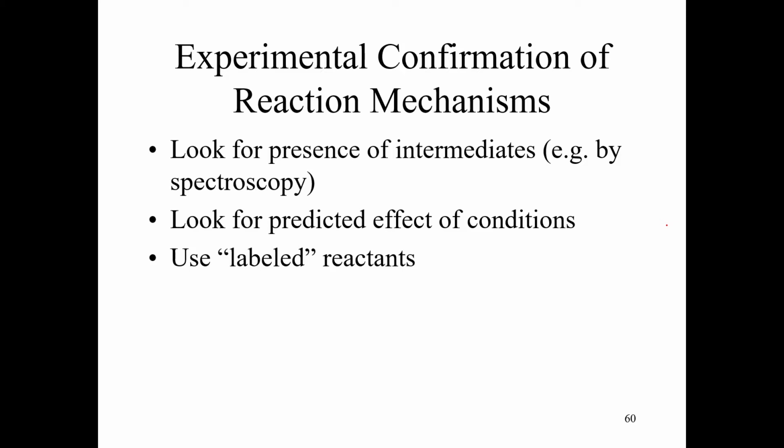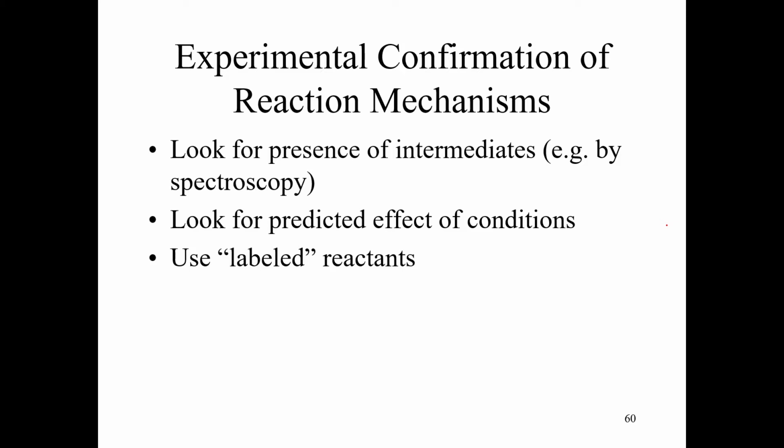Another classic method of confirming reaction mechanisms is the use of labeled reactants. What I mean by that is that you have manufactured a reactant that has a specific radioactive isotope at a certain position on the molecule. And we will study more about radioisotopes in the next unit. But for example, there are isotopes of carbon and of phosphorus that can be detected by different methods.